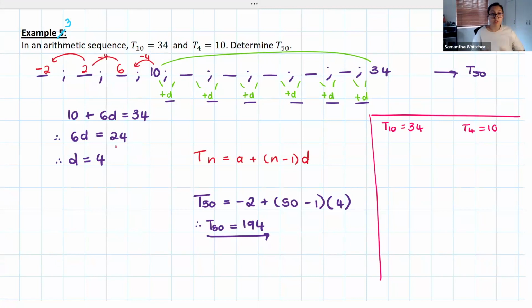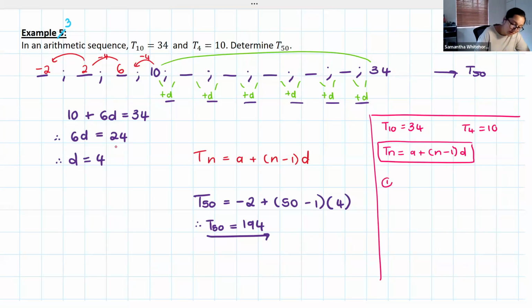You have been given a value of n and a value of Tn. You can sub in. Okay, so what you have is Tn is equal to A plus (n minus 1)D, and we can substitute in to get two equations. So equation 1 would be if I substitute in T10.